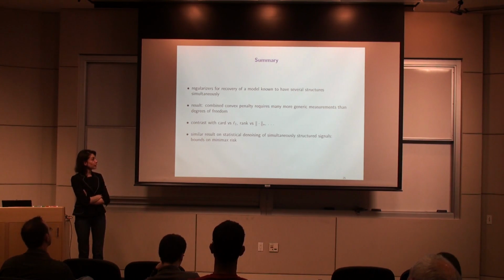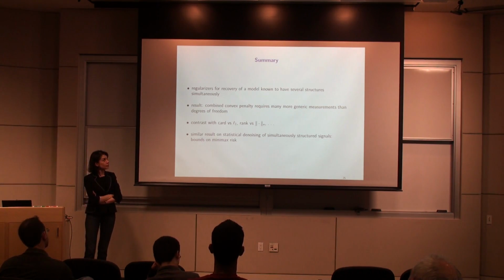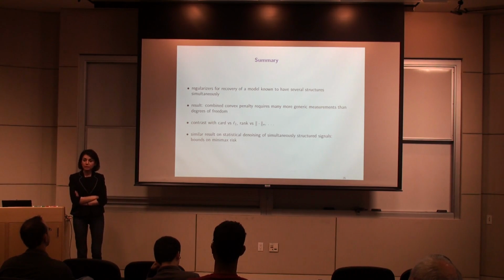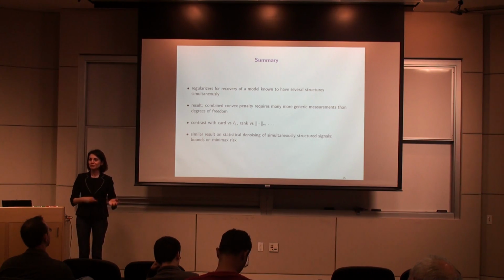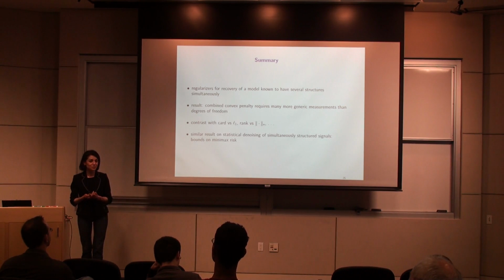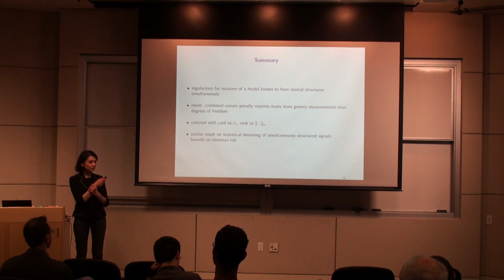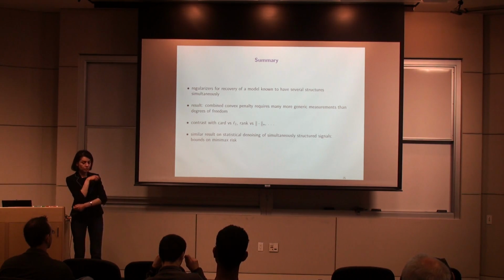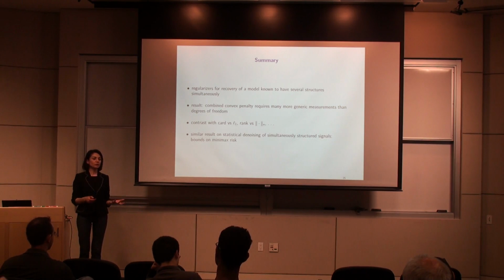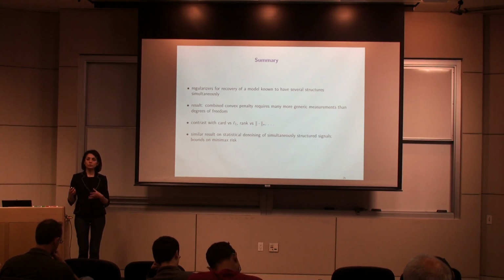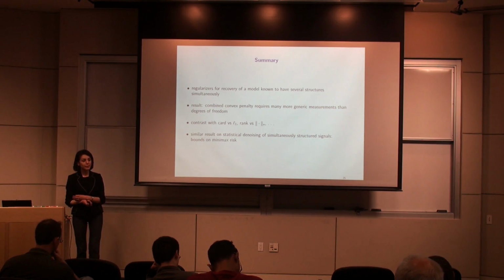Okay, so I'll give a quick summary, and then the next slide is going to be discussion, because I think that what I talked about opens up a lot more questions than it answers. So it's interesting and brings up a lot of things to think about. The summary is that we talked about recovering a model given random measurements when the model is known to have several structures at the same time.